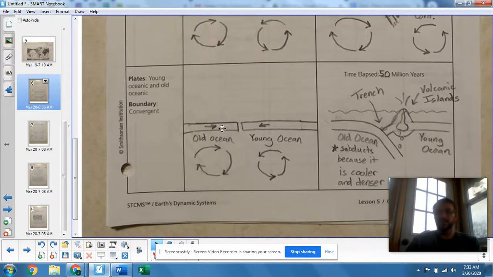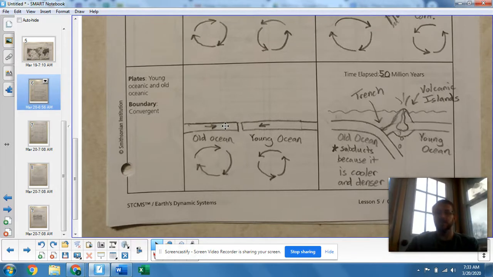So we have old oceanic and young oceanic crust. If they butt into each other at a convergent boundary, you're going to have one of them going under, and it's going to be the older one. So if you remember back to seafloor spreading, when we talked about where the warmest part of the crust was, where the coldest part was, far away from the ridge.